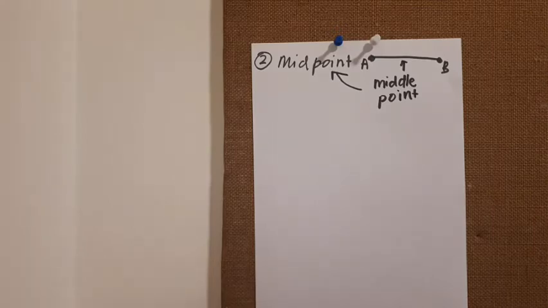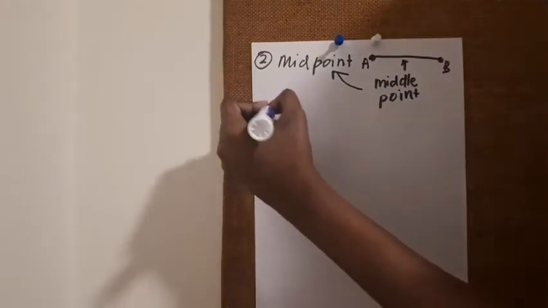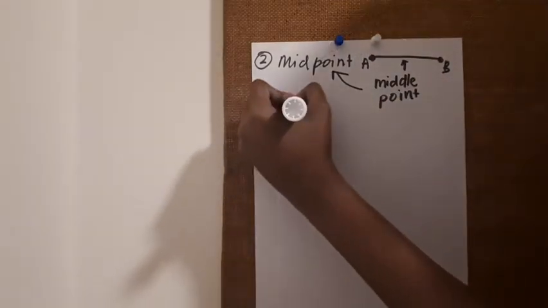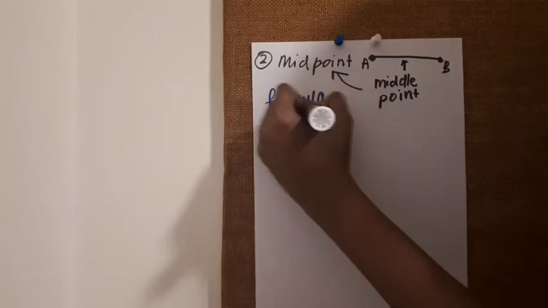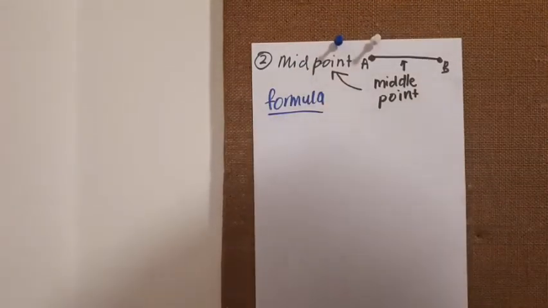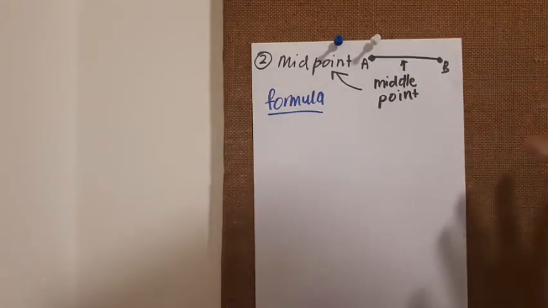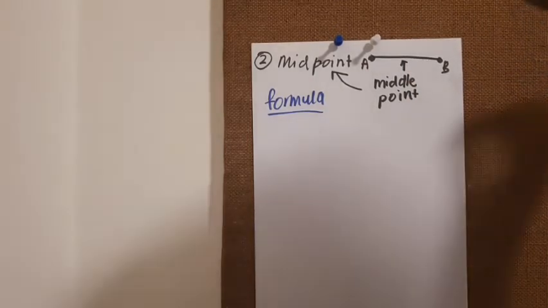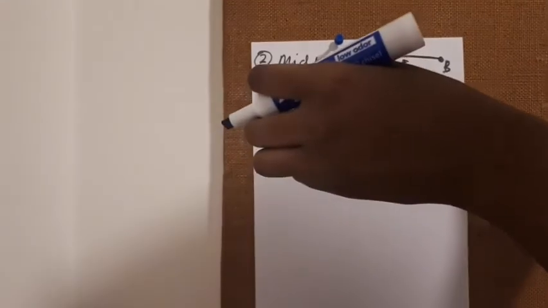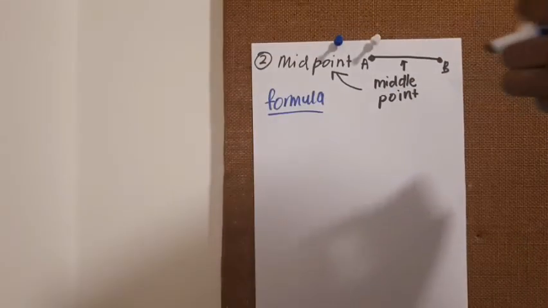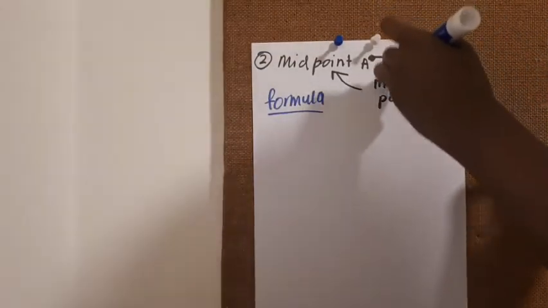And again we have an easy, simple formula for it, which you can always use. How do we find a midpoint? Midpoint means in the middle. So usually what we do is we add both the ends, and we just split into 2. We just cut into 2.